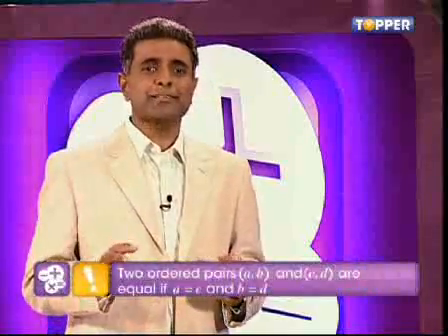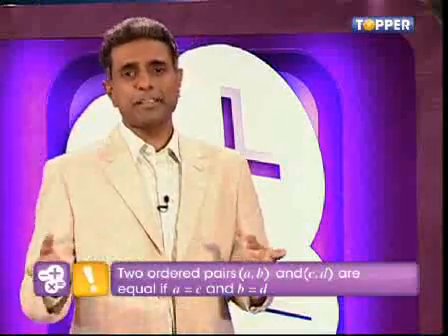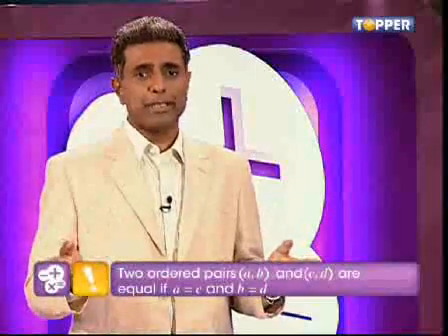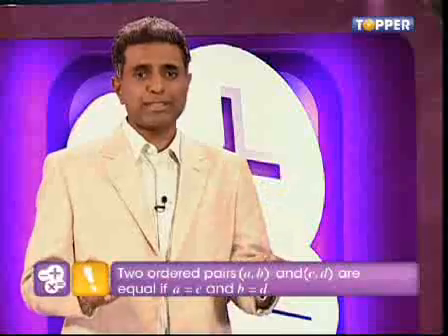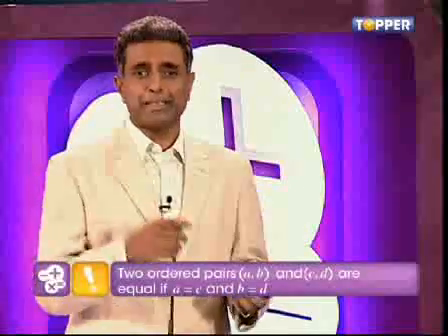Okay, now the next most obvious question that you're going to turn around and ask me is, when are two ordered pairs equal? See, you're thinking like a mathematician. Two ordered pairs (a, b) and (c, d) are said to be equal if a is equal to c and b is equal to d.